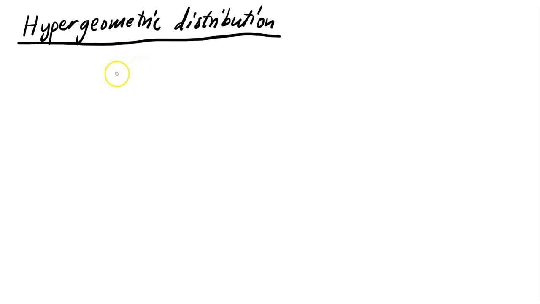Okay, so assume you have n objects. For it to be a hypergeometric distribution, you should satisfy the following preconditions. You should have n objects, and of these, s are special objects.